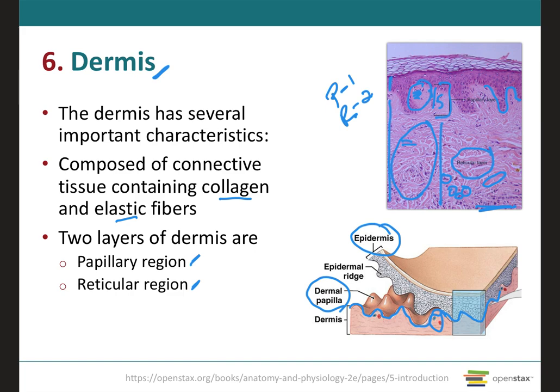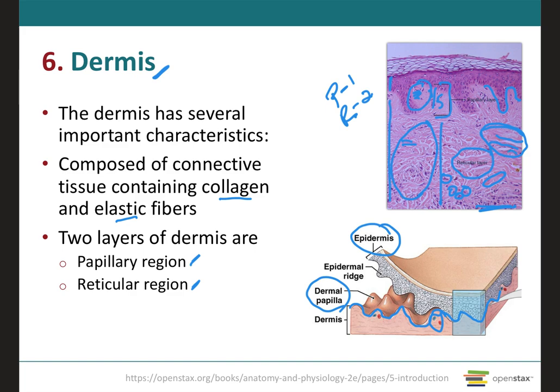Also, there's the presence of some adipose cells that can be present in the deepest part of the layer, which will sort of be a continuation of the hypodermis. As in the hypodermis, you do have a lot of adipose cells. The collagen fibers in the reticular region are going to be arranged in a net-like manner, as reticular means net, and in a more regular formation than those in the papillary region.